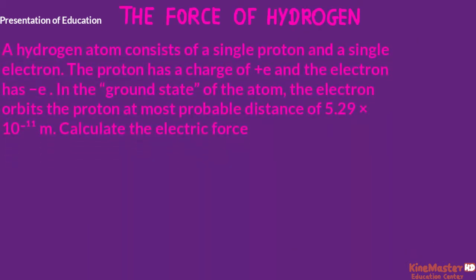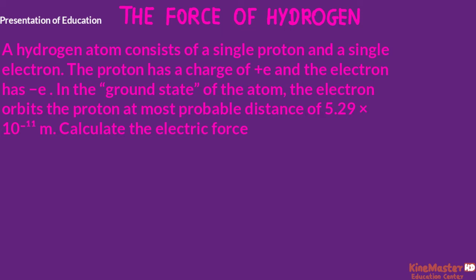The force in hydrogen. A hydrogen atom consists of a single proton and a single electron. The proton has a charge of plus e and the electron has negative e, in the ground state of the atom. The electron orbits the proton at a most probable distance of 5.29 times 10 to the power of minus 11 meter.